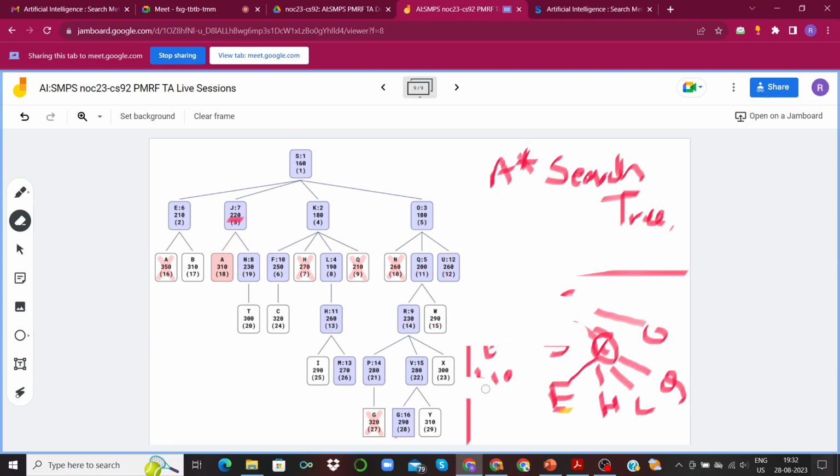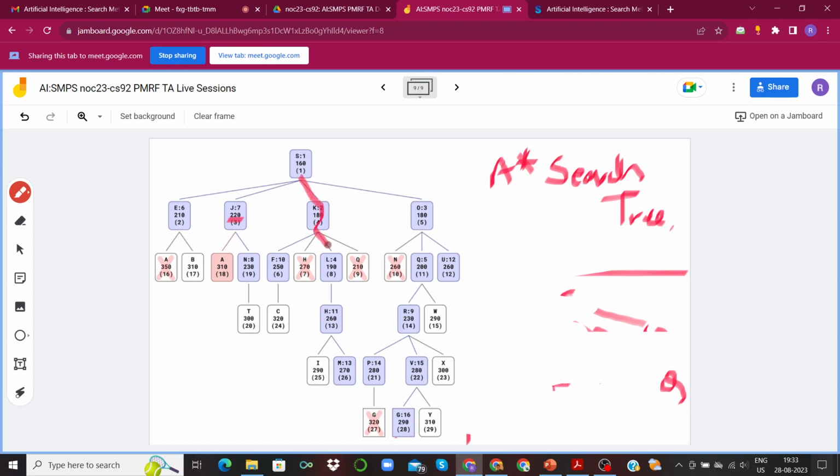And we proceed in a similar manner, and ultimately we see that following a certain path, which is from S to O to Q to R to V to G, this is our optimal path that we have found from the start node to the goal node with cost 290.